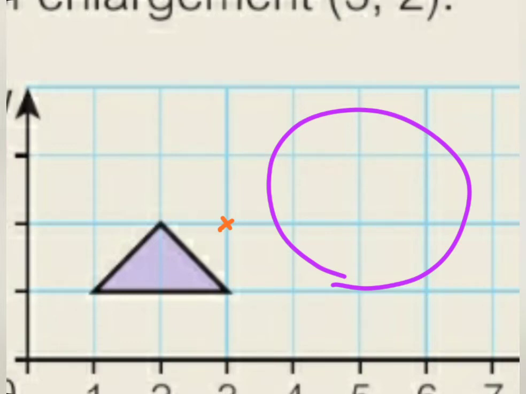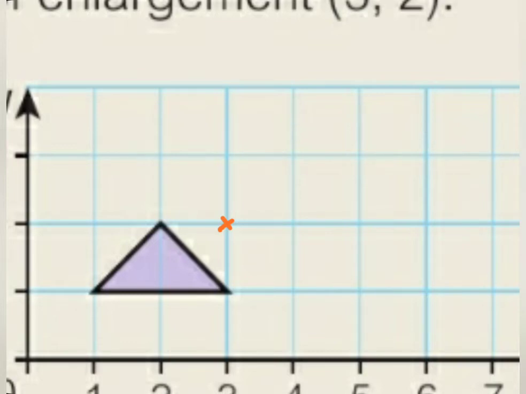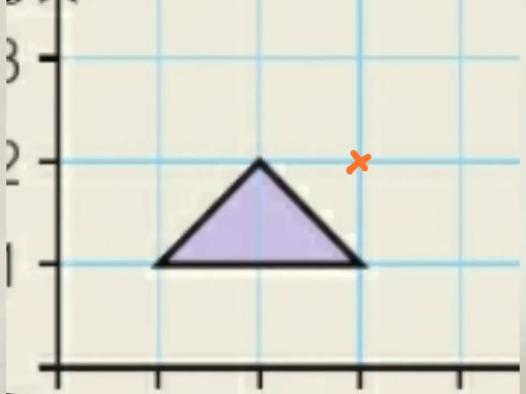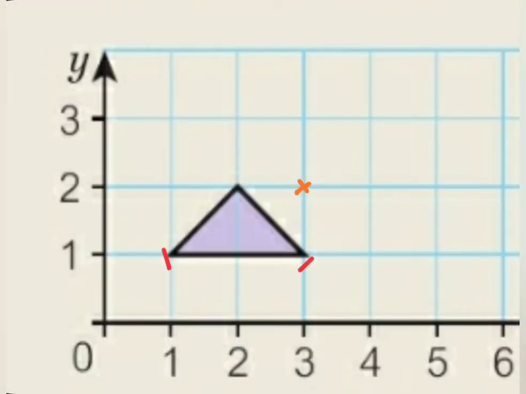Now, to enlarge a shape, what do we do? As we said, we put the points on the shape. After putting the points, we measure the distance between each point and the center of enlargement. And then we multiply it by the scale factor.